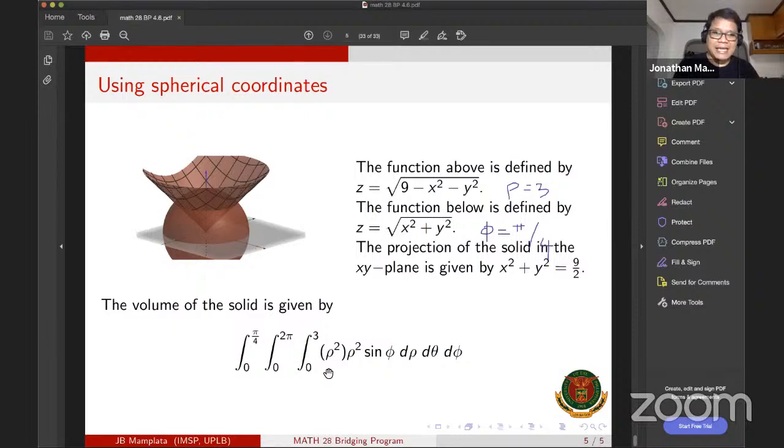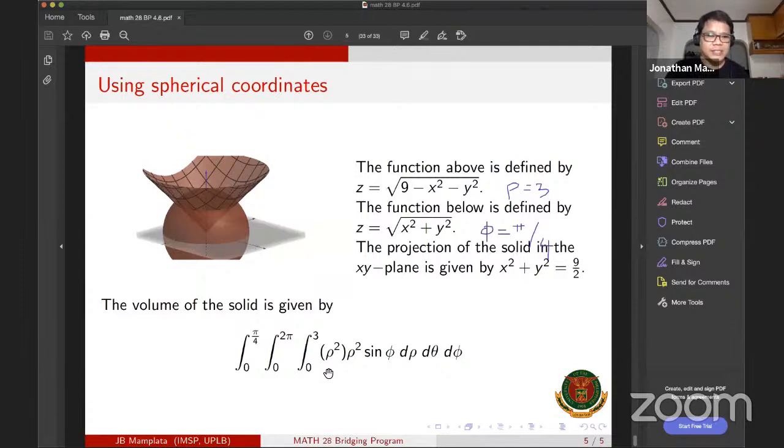Kaya lang, again, kailangan ng konting pasensya, okay, in converting the equations into spherical coordinates. So yun lang yung challenge dito. But once na nakuha mo na on how to derive the equations in spherical coordinates, there will be expressions na mas madali mo nang makocompute because it is easier to find in the spherical coordinates.